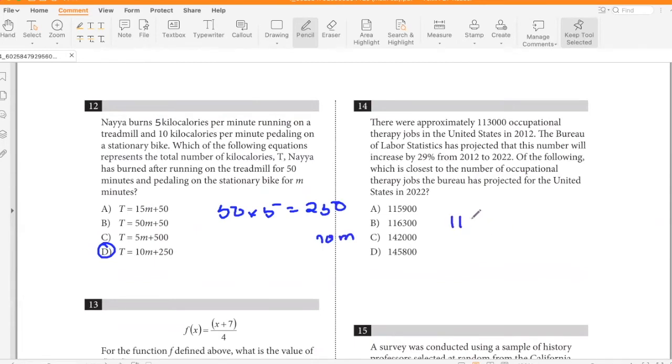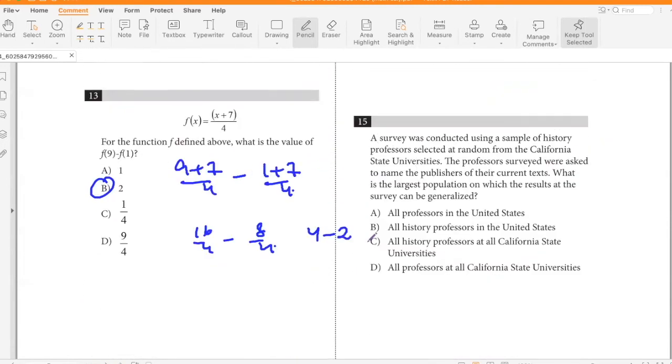So that will be 113,000 times 1.29. So let's plug that in. 113,000 multiplied by 1.29, 145,770. So very close to 145,800, option D.